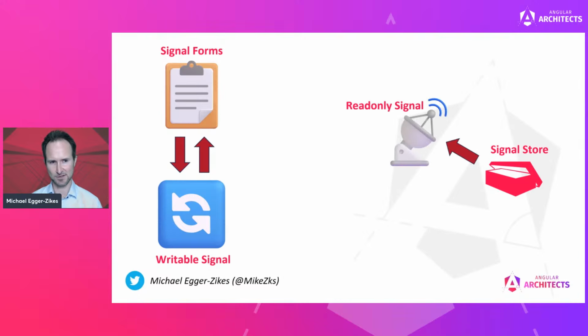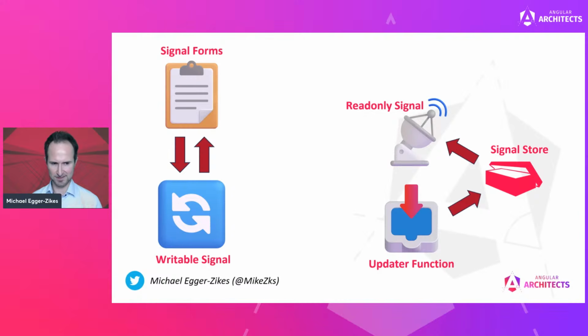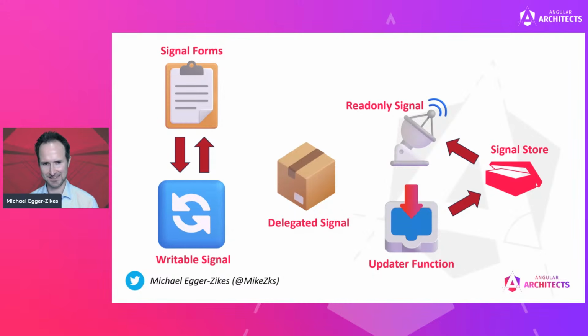Basically, we have a read-only signal for the state, and we have an updater function to work in the opposite direction of updating the state. Then we could use in the middle the delegated signal where you just saw the implementation. And this delegated signal is just a kind of proxy implementation, right? That offers the writable interface for our forms API and delegates in the background, so it connects the readable signal state and delegates back to the updater function.